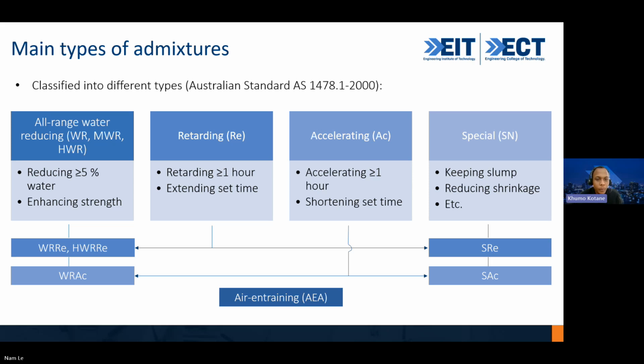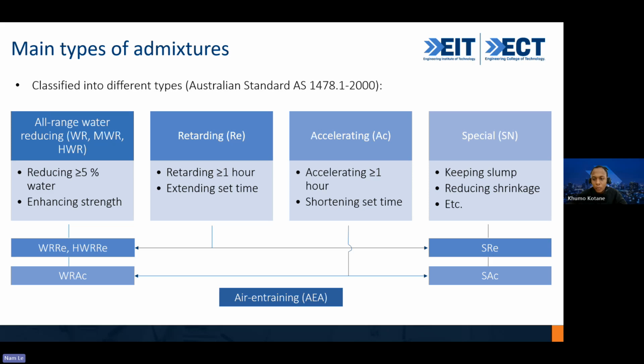Yeah, I think nowadays admixtures are not only used in large projects or large sites. It can be a small site. People can build a house or something similar, and they can also use concrete. Without admixtures, we still have concrete. Of course, we have had concrete for 100 years or so.